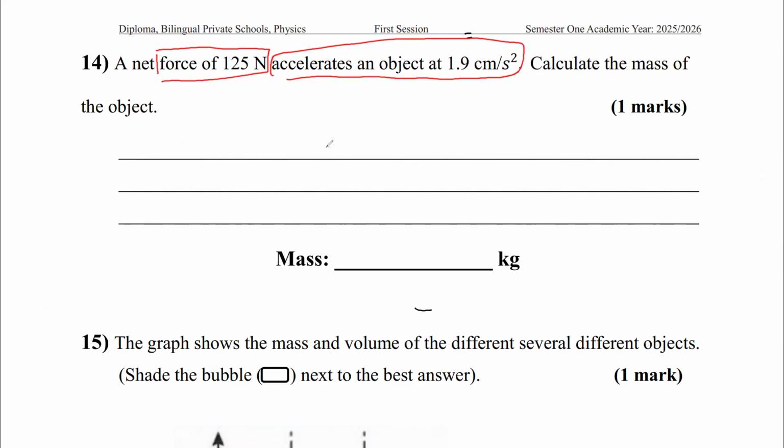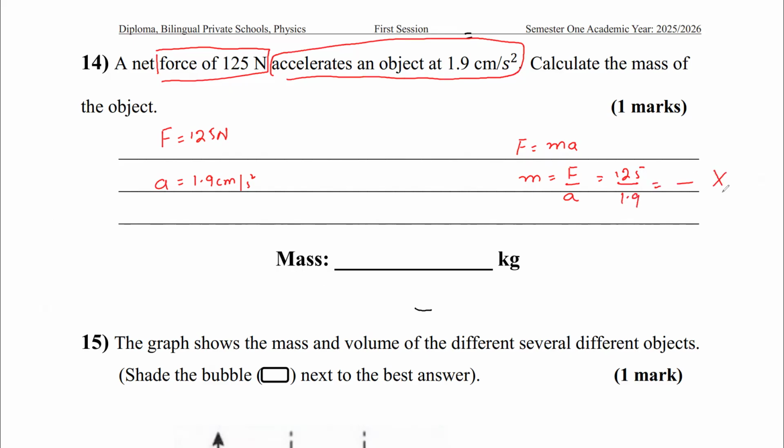Okay, so obviously the force here is 125 Newton. Okay, but here the acceleration is 1.9 centimeter per second. If you are thinking that we just use this formula, F is equal to ma, here m is equal to F divided by a, we just put the value of F, which is equal to 125, and we just put the value of acceleration 1.9, and you can get the answer.